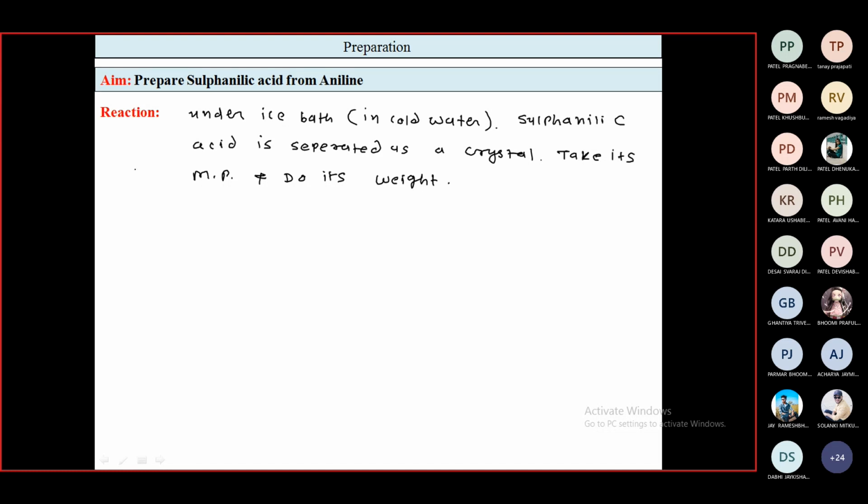Now see, what is the reaction? What happens in the reaction? This is your aniline compound, the starting material. Now to this aniline you have added concentrated H2SO4.